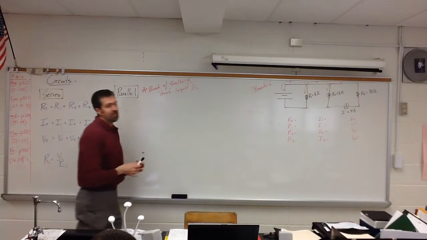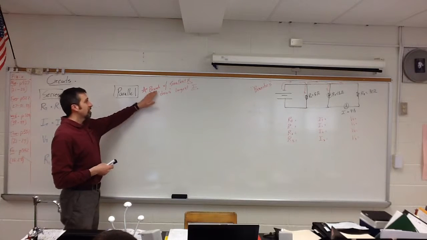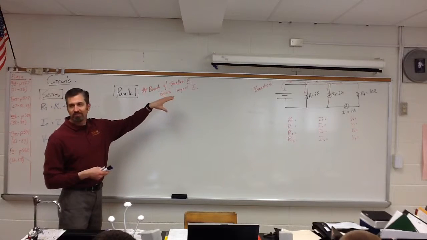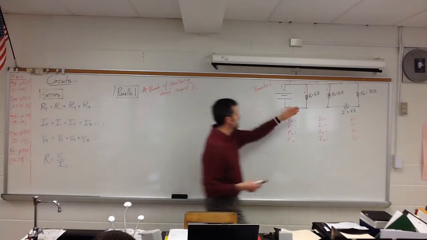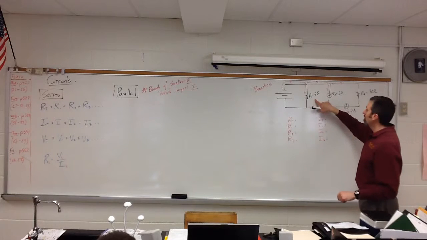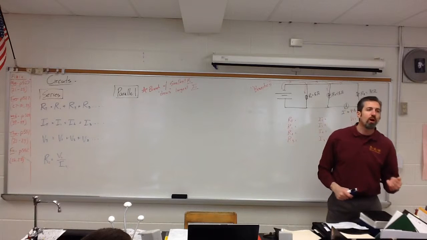It's important to keep in mind one really basic concept of parallel circuits: the branch with the smallest resistance, which in this picture would be this one right here because it's only 5, will draw the most current. What does draw mean?